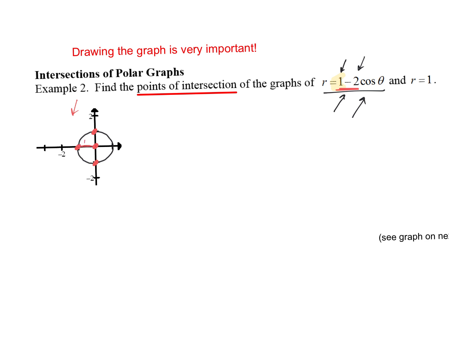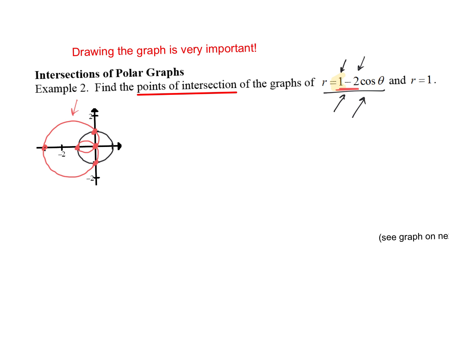And then if I add them together, 1 and 2, I want my distance out there to be 3. Okay. And then we just draw it. It's going to have an inner loop, so it comes out something like this. This isn't perfect, but it looks like that.